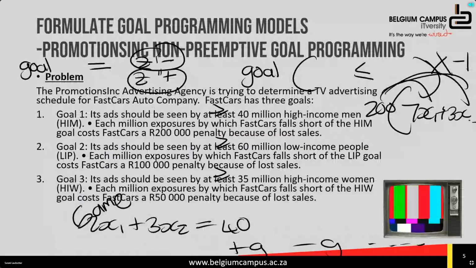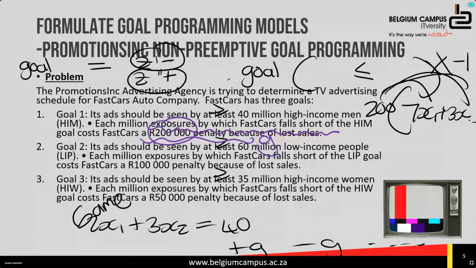They say there that each million exposures falling short carries a penalty of this. So it's literally for each X. You have to multiply that penalty with the G. If the G is below, then I multiply the amount by the penalty. That's why we include the G. That's how I know it's a penalty, because we're talking about a penalty.